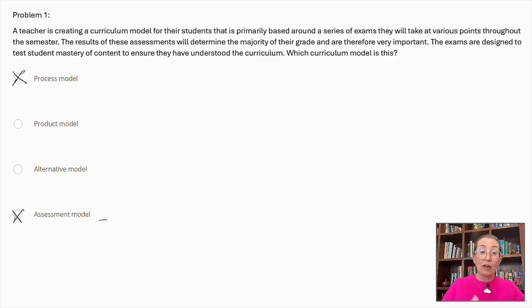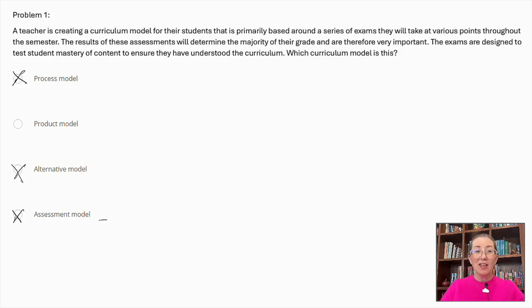So this is not correct either. Alternative model. This refers to non-traditional or innovative approaches to curriculum design, which may not prioritize exams as the main form of assessment. So we can eliminate that as well.